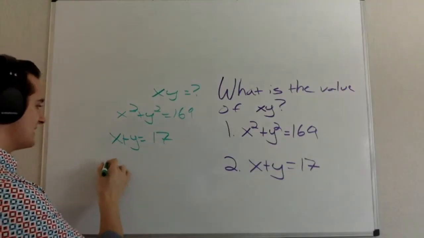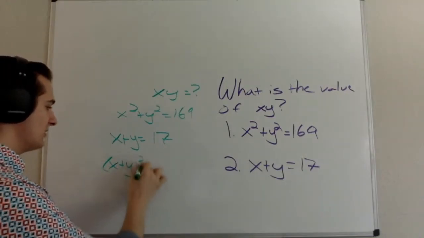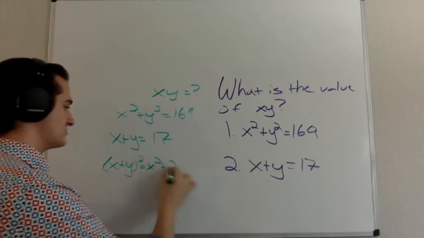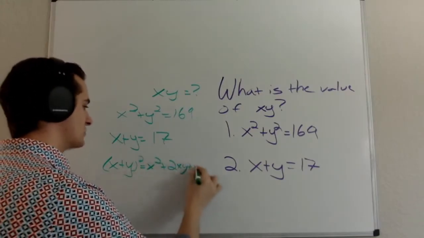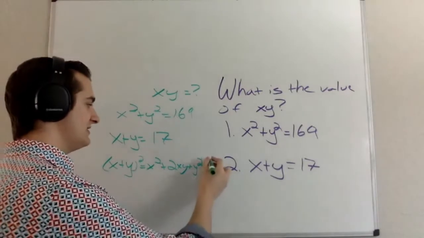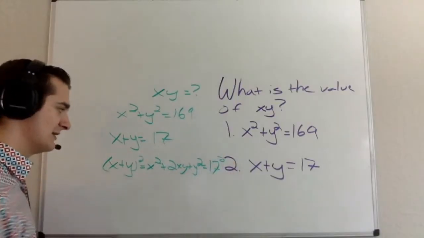So I could say that (x plus y) squared is going to be equal to x squared plus 2xy plus y squared, which is also going to be equal to 17 squared. Got to square both sides. So 17 squared.